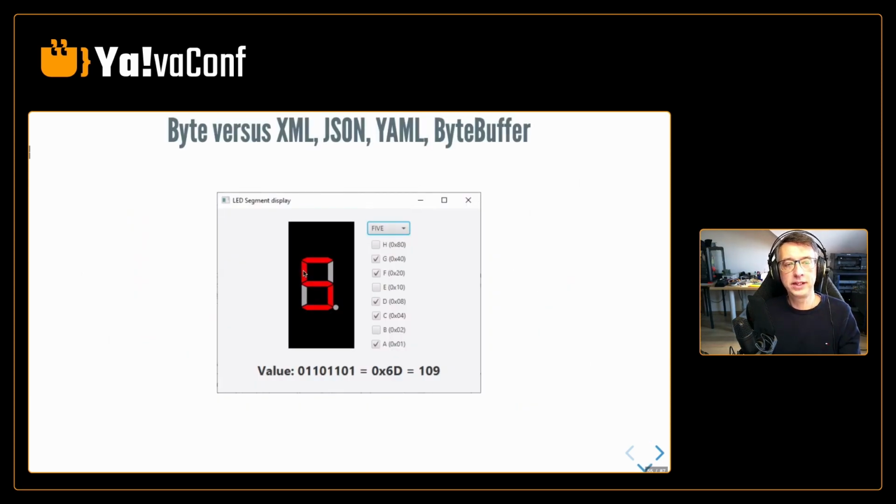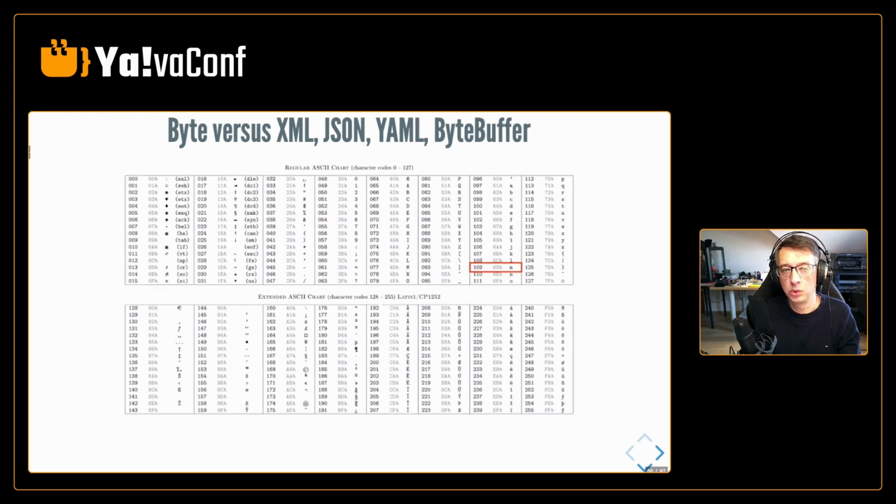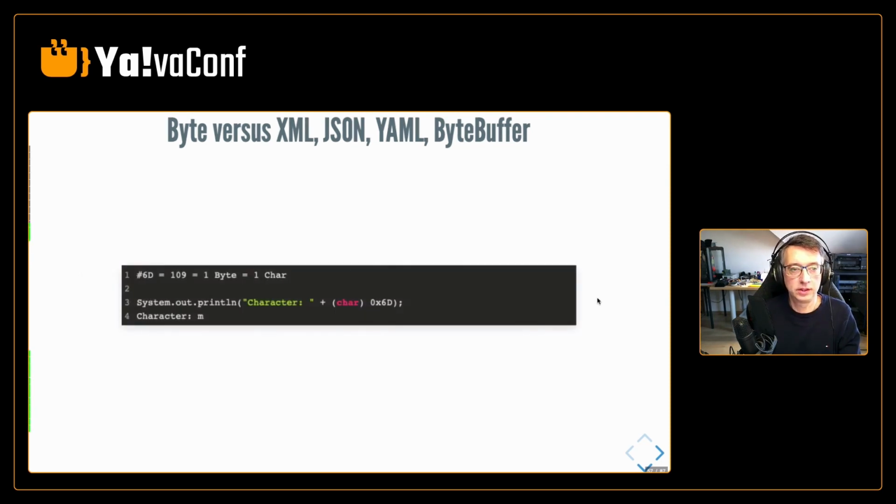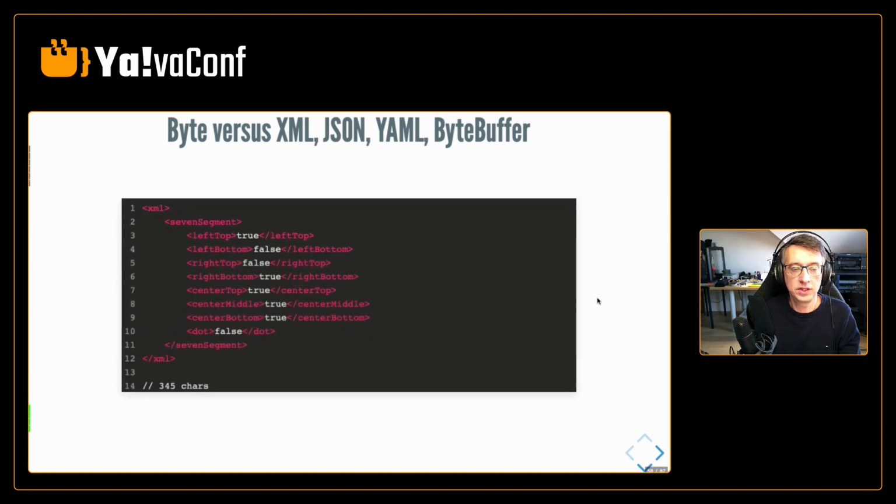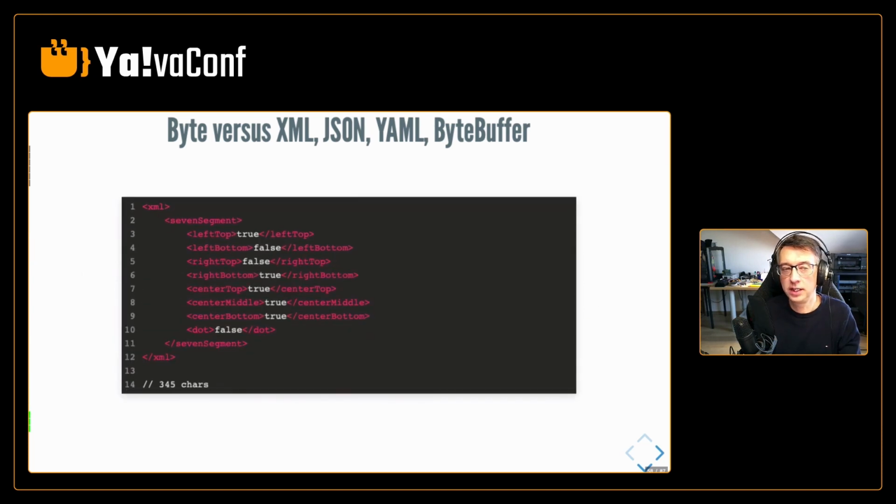So let's compare this with the same thing in XML, JSON, other data formats. So we have this one 6D, which we can use in our electronic experiment to put a 5 on this display. The value 6D, 1 character, 1 byte. Now again, if we go to another format like XML, that's how it would look in an XML format.